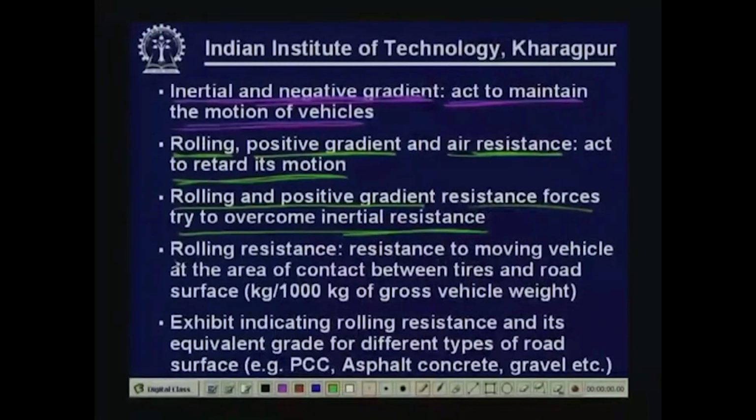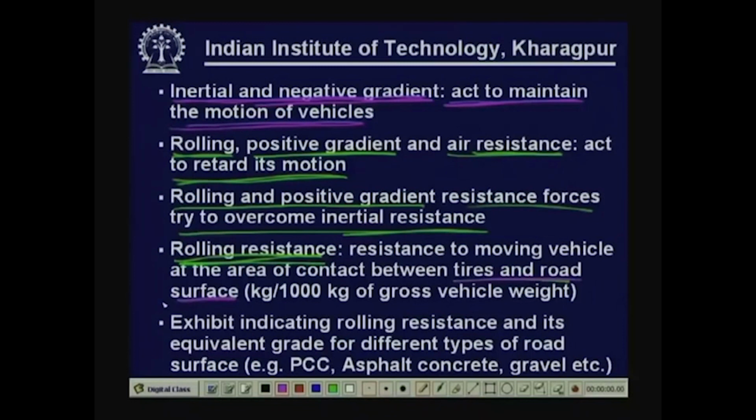Now, what do we mean by rolling resistance? Let us try to keep our understanding clear. It is the resistance to moving vehicles at the area of contact between tires and road surface.